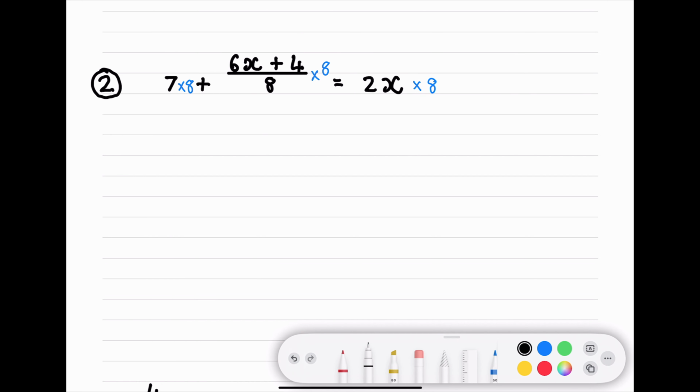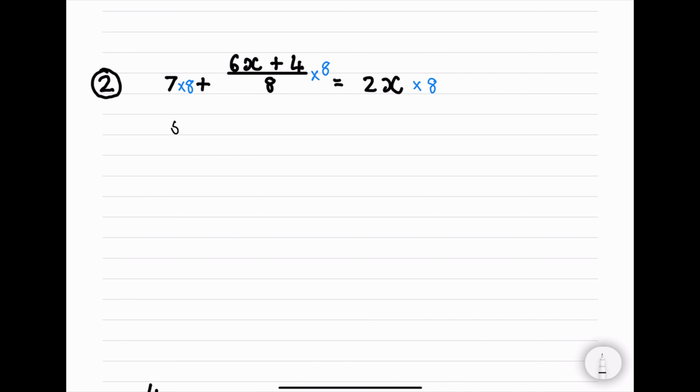And that should give you 56 plus 6x plus 4, because the 8 in the denominator and this 8 cancels out. And then 2x times 8 is 16x.